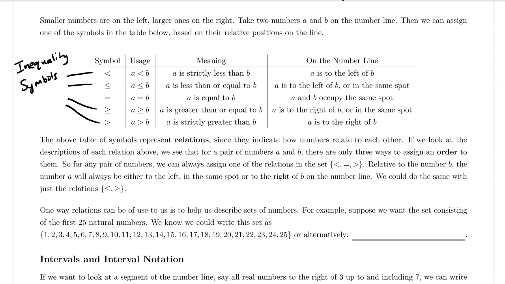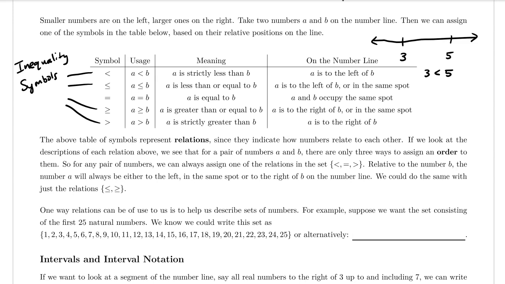The very first row in this table says a is less than b. That means a is to the left of b on the number line. So for example, if I have my number line here, here is the number 3, and here is the number 5. So I would say 3 is less than 5. And you can read through the other ones.